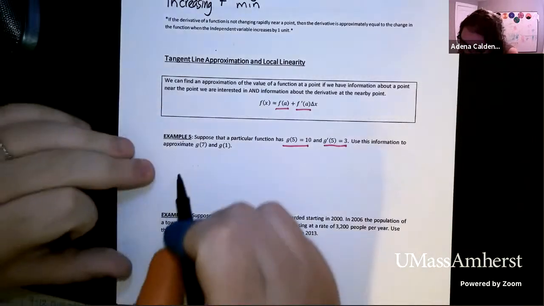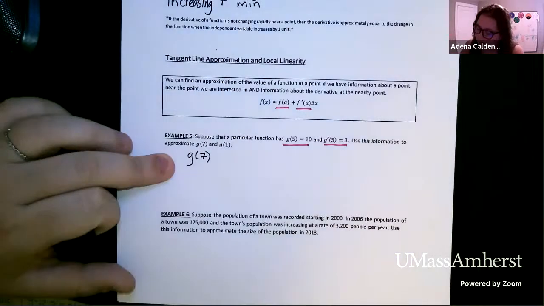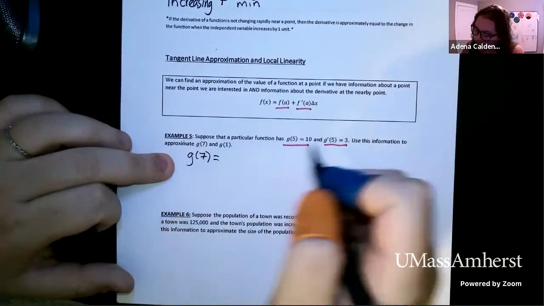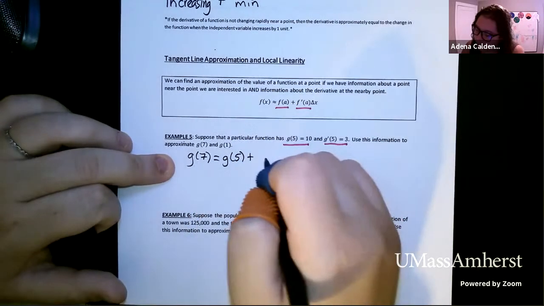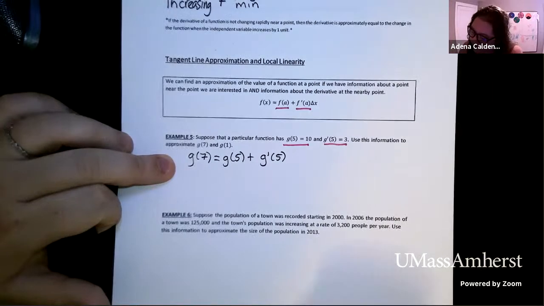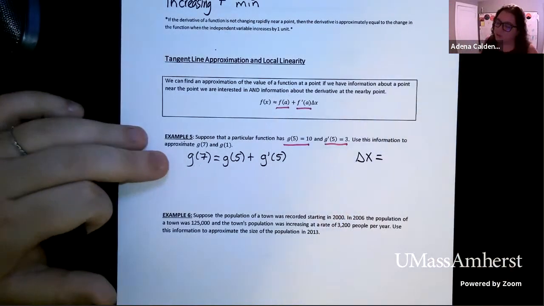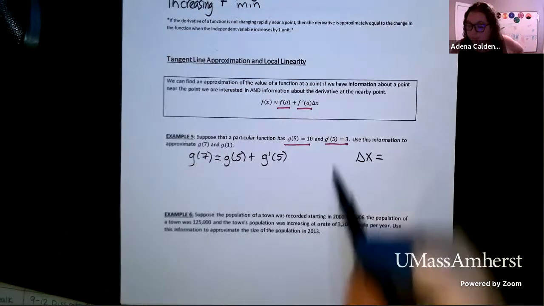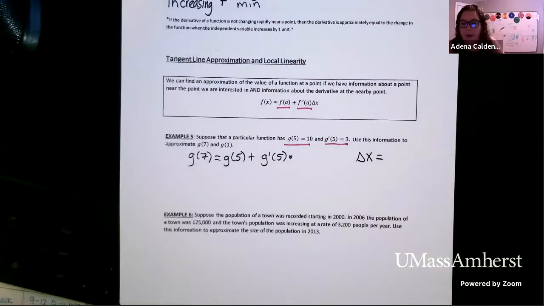So g of 7, 7's the value I want. I'm going to take the value I know, so g of 5, plus the rate at which the function's changing at that point, g prime of 5. And now I need to figure out my delta x. So my delta x, which I'm going to multiply here, is how far away I am approximating.